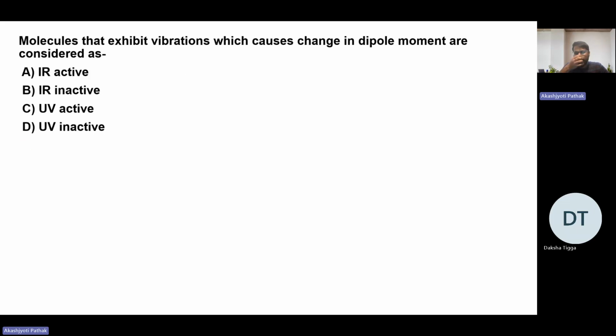Second question: the molecules that exhibit vibrations which cause changes in dipole moment are considered as. So as I was explaining, heteronuclear diatomic molecules which have a dipole moment, only they will be considered as IR active. Like here carbon monoxide, then there can be water as well. Water also has a charge difference, isn't it?